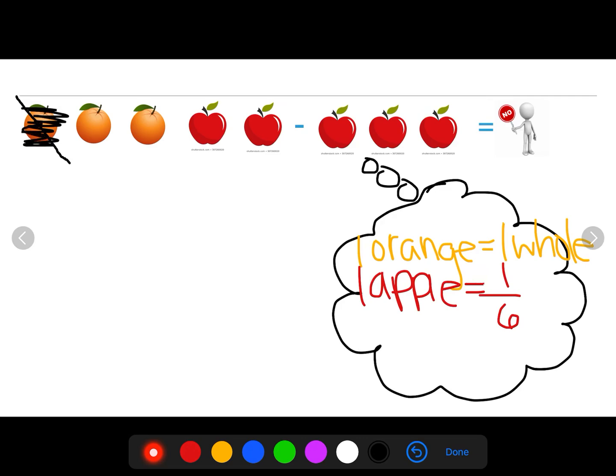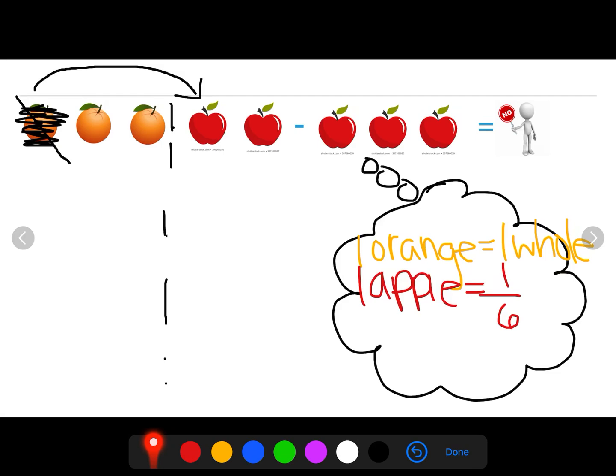Let's go ahead and get rid of that orange. And I'm going to give 1 whole, or 1 orange, to my apples. Remember, 1 orange equals 1 whole or 6/6. So how many 6ths would I be giving to my apples?